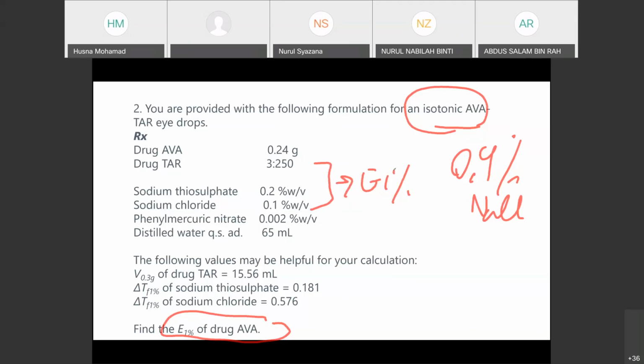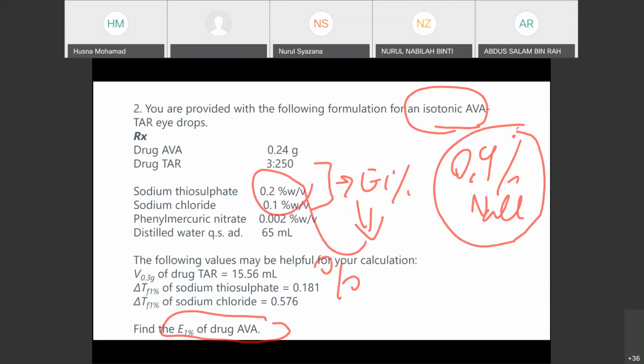Okay, you convert them based on the percentage. Then for isotonic solution, we know that it is 0.9% NaCl. So I will minus all the percentage NaCl equivalent in the formulation. And then I will get the percentage of NaCl equivalent for the drug AVA.